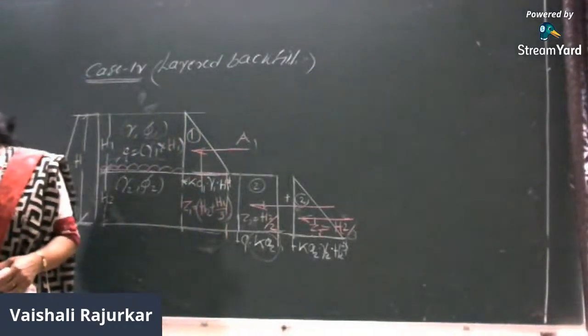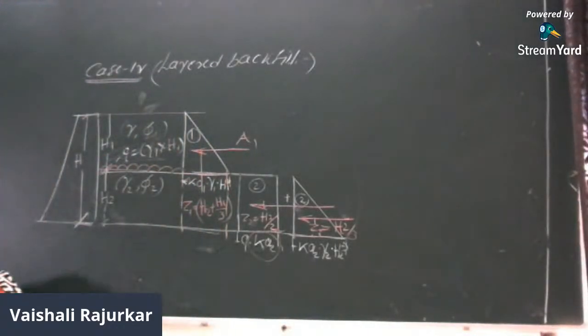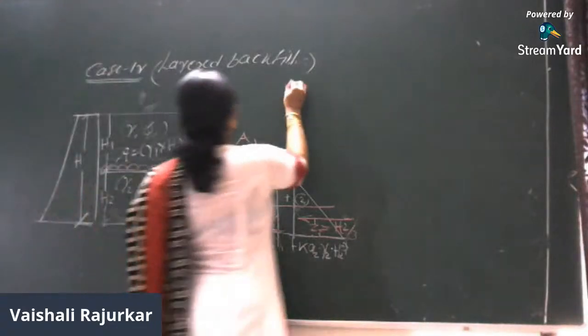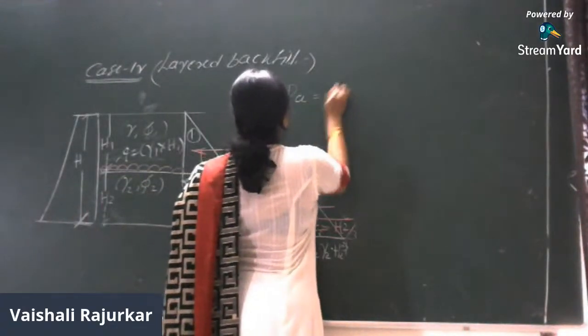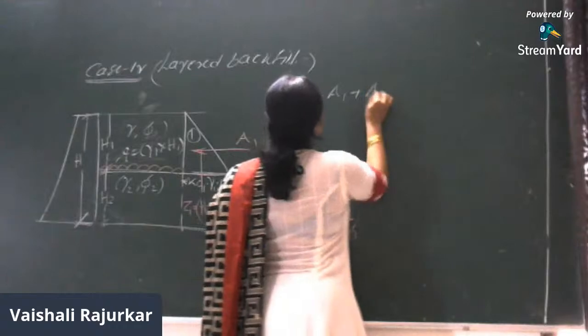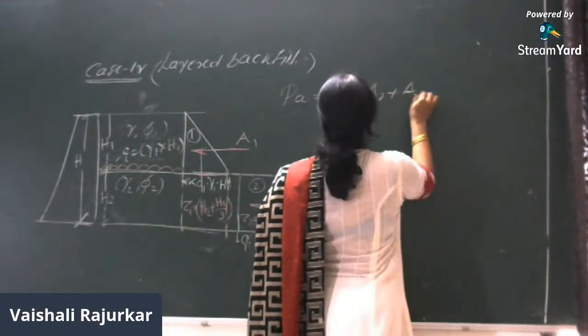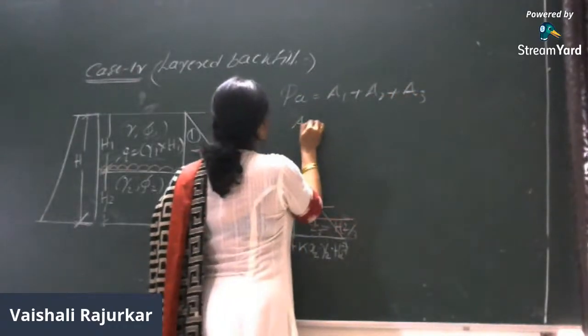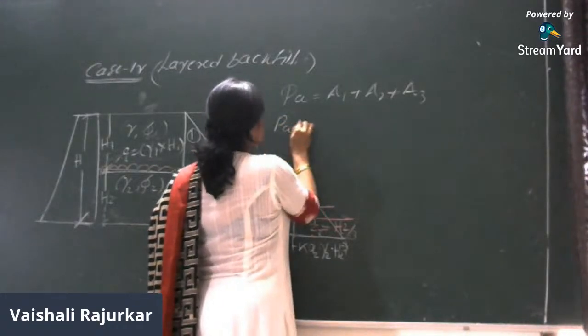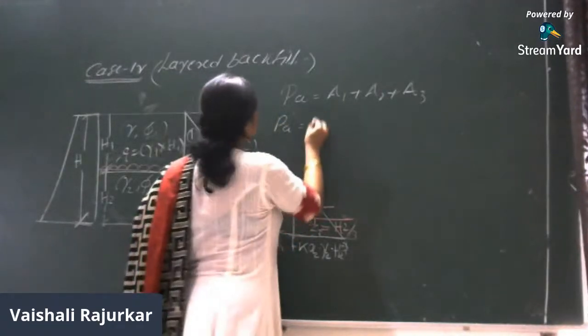Right? So here the total pressure PA is equal to A1 plus A2 plus A3. And therefore total PA is equal to, what is A1?